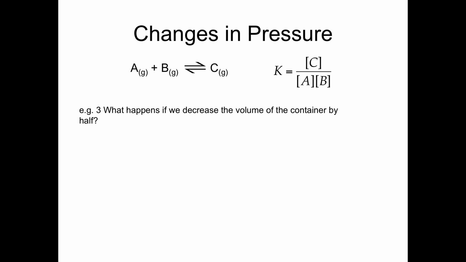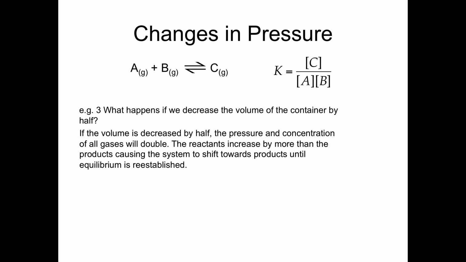And if we ask what happens if we decrease the volume of the container by half, then we have to think about our gas laws. If we decrease the volume of the container by half, you should realize that by Boyle's law, the pressure should increase by double. And not just the overall pressure, but the pressure of each gas in the reaction should double.